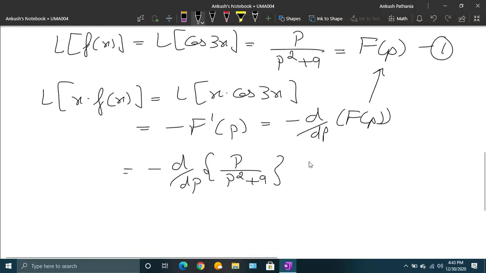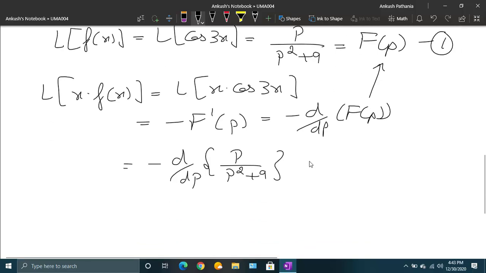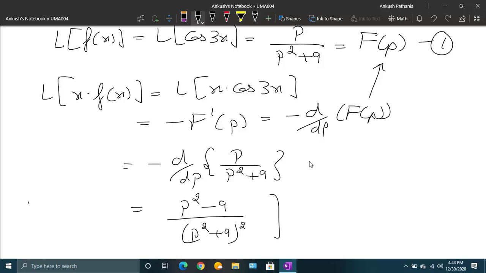On differentiation, this gives p square minus 9 upon (p square plus 9) whole square. So this is the Laplace of x·cos 3x. All we have to do is find the Laplace of f(x), get F(p), and then take its derivative with a negative sign.